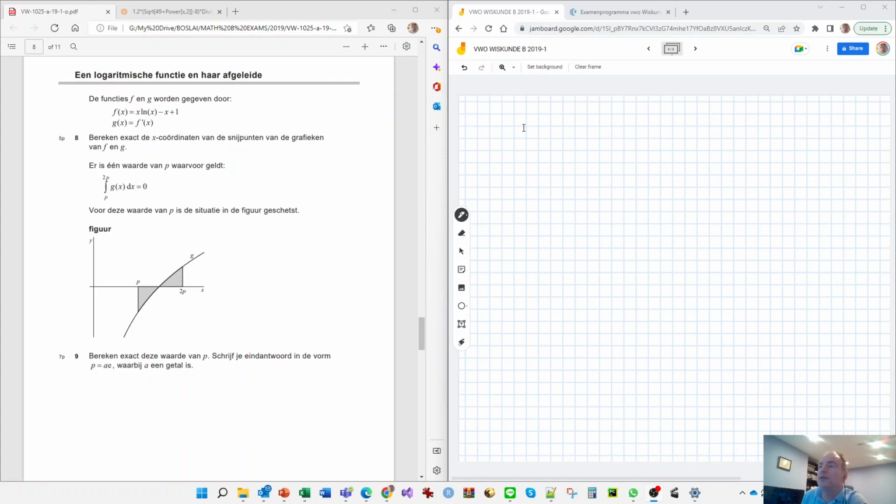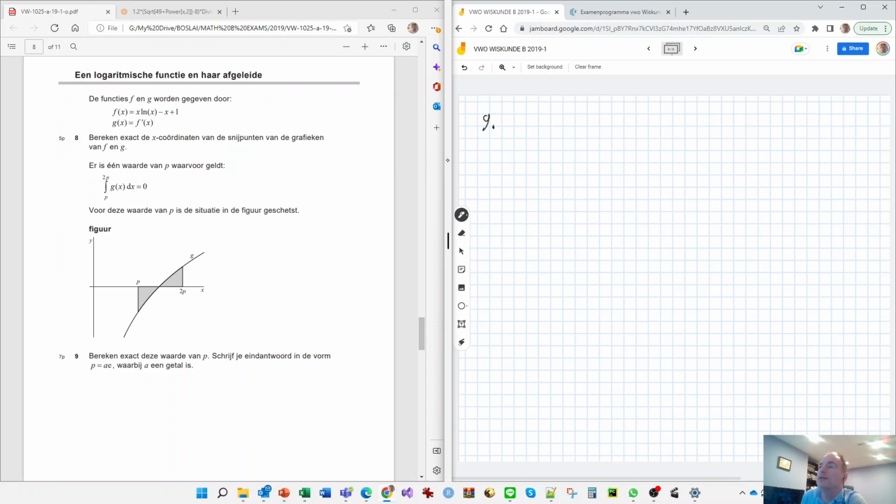There is a value for p for which this integral is equal to 0. And that's sketched here. Calculate exactly this value of p, and write your answer in the form p is a times e, with a number. Okay, the integral of g of x, so we need to have a primitive of g, meaning a function that when you take the derivative is g.